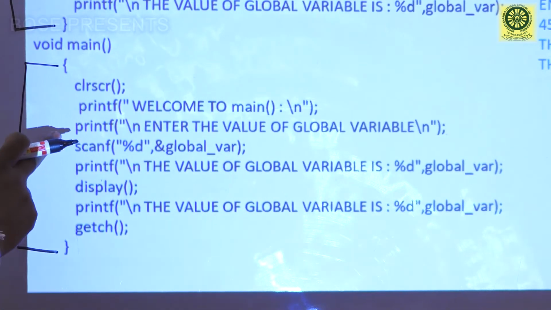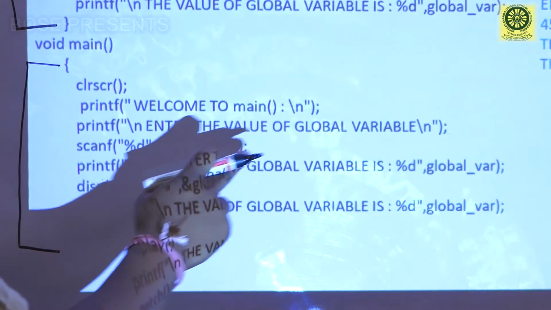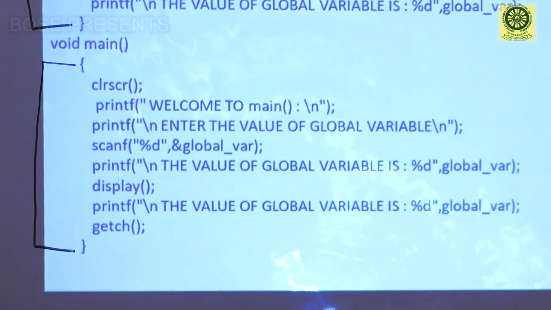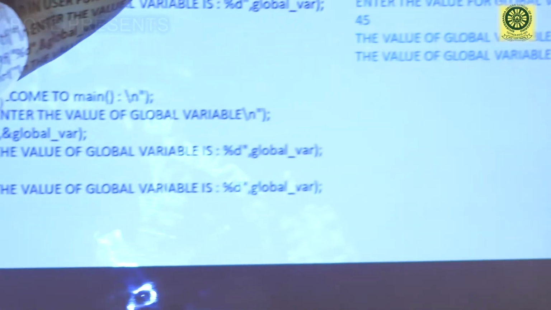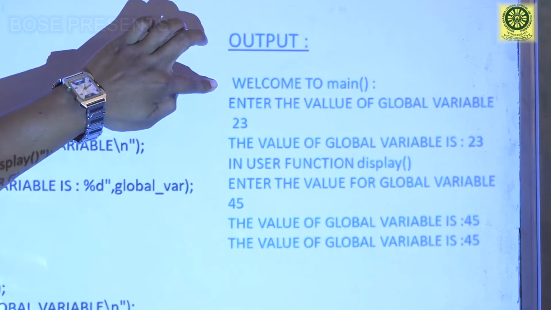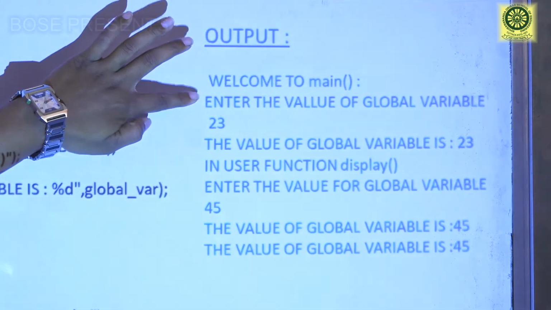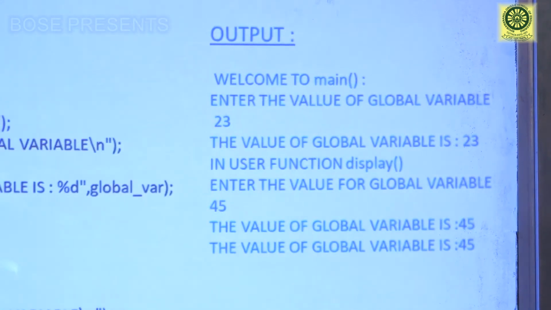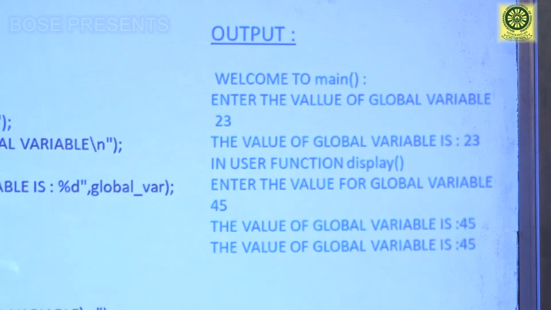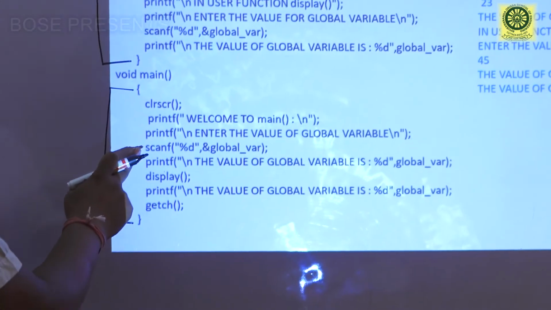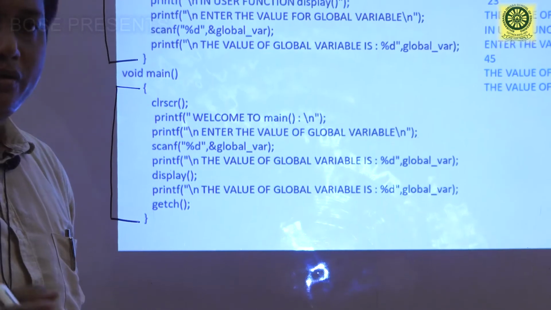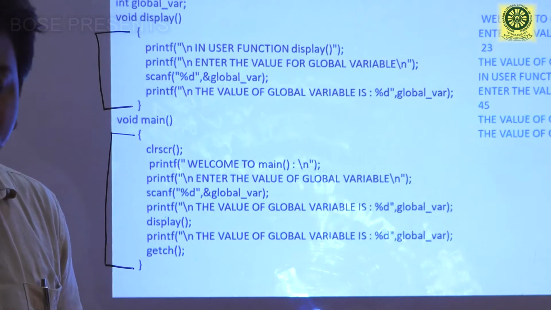And in the second printf statement again I printed a message: enter the value of global variable. In my output, the first line is welcome to main function, then the second line is enter the value of global variable. Then the control will pause until the user provides a value, because of this scanf statement. That means the compiler wants an input value.